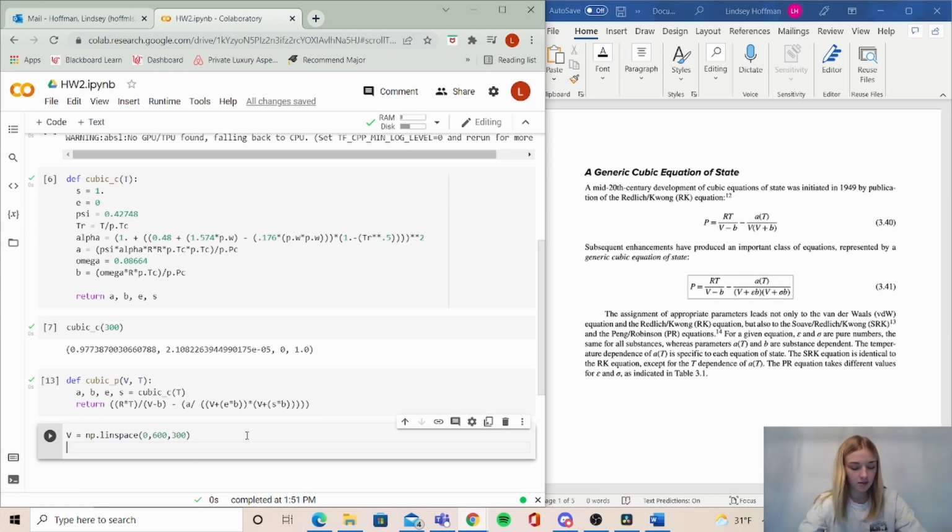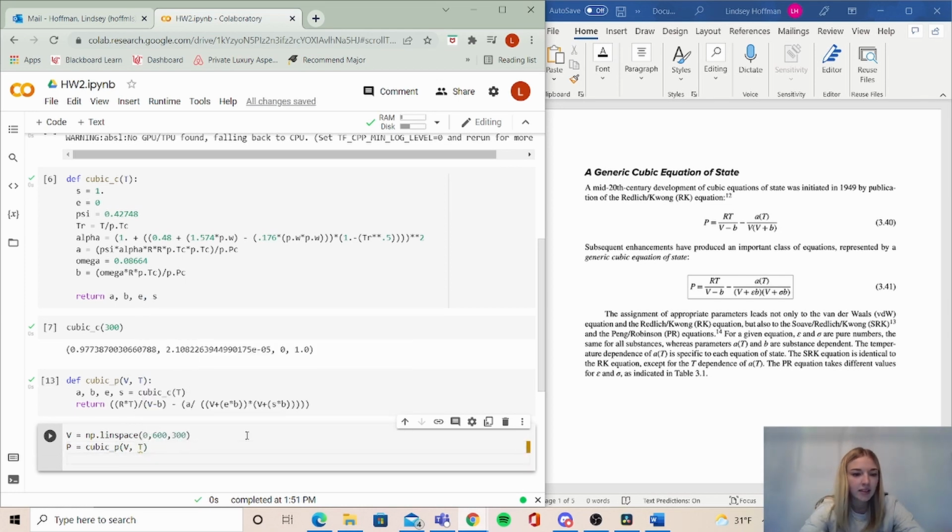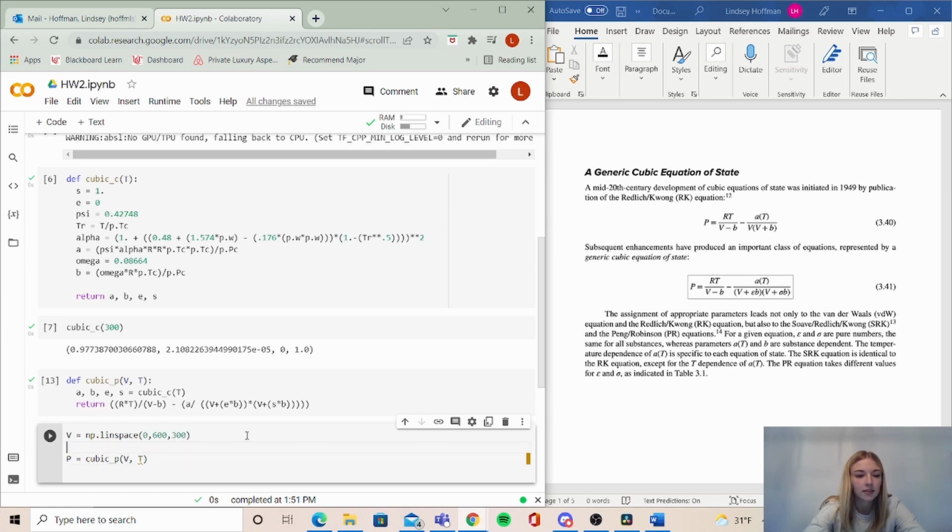So we can just call that P cubic P. And we need to start with some kind of temperature because our temperature is not defined yet. So I'm just going to make it 300 because that's what we used to check it above in the last one. So now we can start making our plot.